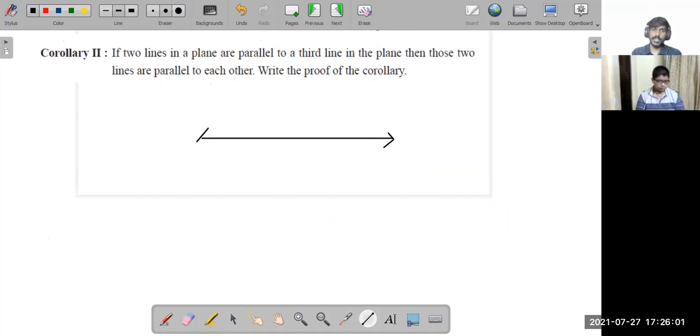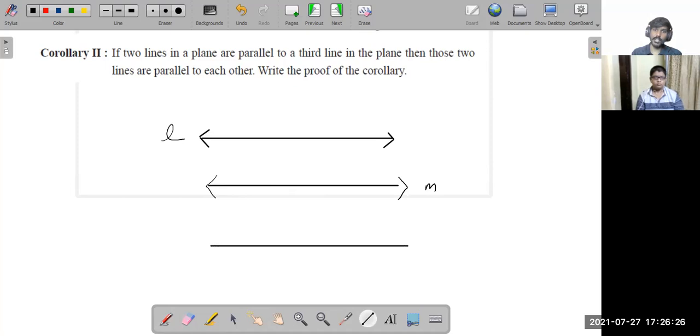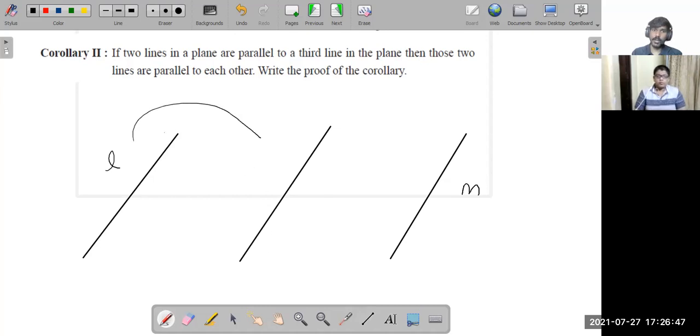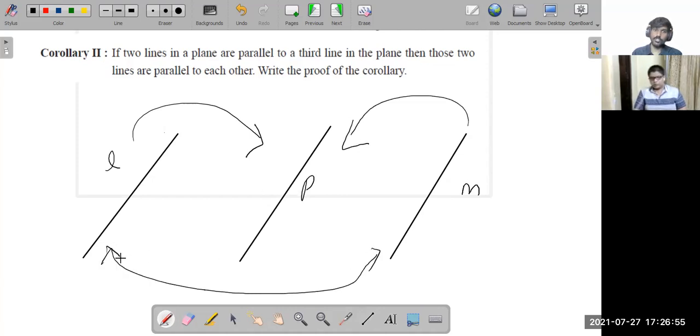So I can name the middle line L, and this is M. If L and M are parallel, and this line, which I'll name P, is parallel to the middle one, and this is also parallel to it, then these two lines are also parallel to each other. Clear? Okay, this was the second corollary.